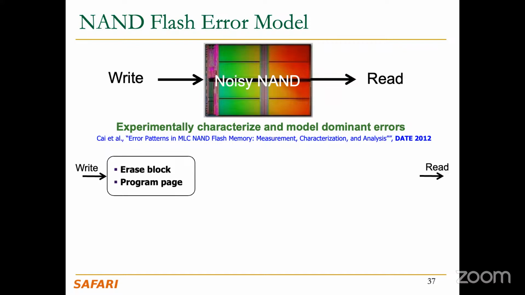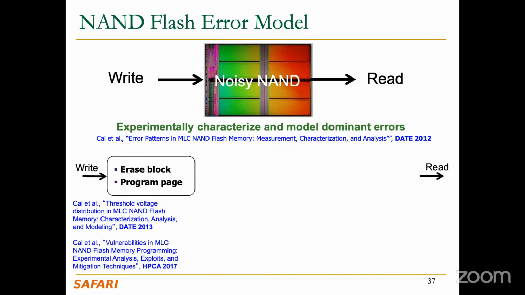But that erasing procedure is not perfect. As a result, there could be some electrons that are still there. So your threshold voltage is decreasing, but it could happen that you don't reach the lowest threshold voltage that you were expecting. So basically, we may have some errors in erasing a block.